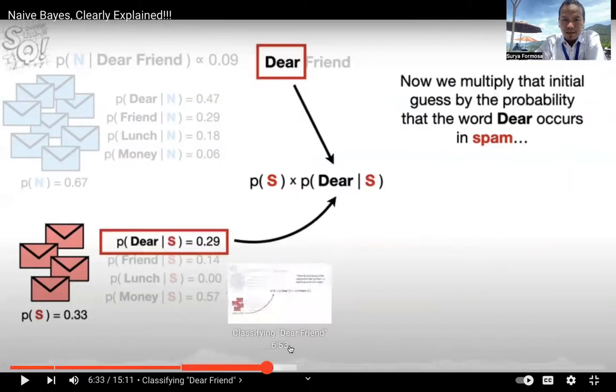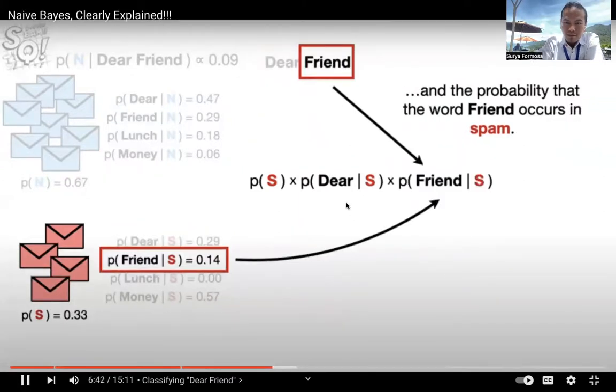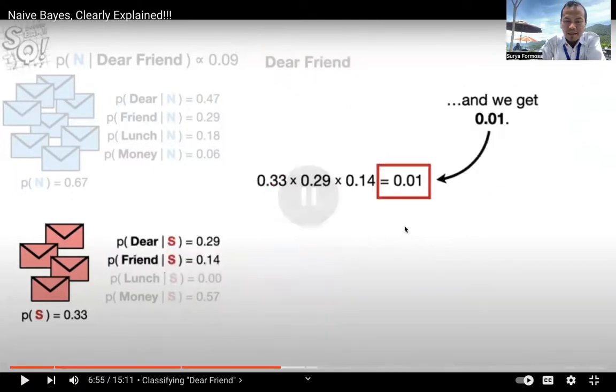After that, we can calculate dear friend by using the probability of spam times the probability of dear in spam messages times the probability of friend in spam messages. So we got 0.01.